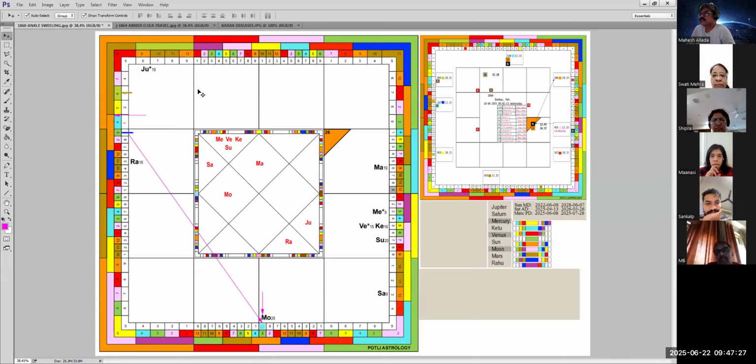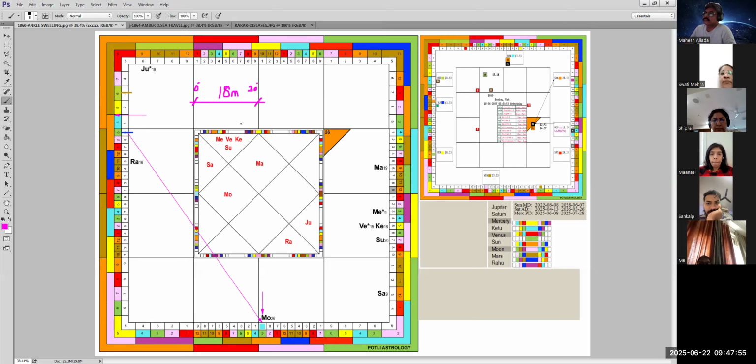Now understand the calculation. I'm drawing it here for you to understand. Okay. Rahu will start here. So I'm calling this 30, correct? It will start at 30 degrees and it will go to 0 degrees. In how many months? 18 months. Correct? 18 months. So to cover 30 degrees, it takes 18 months.